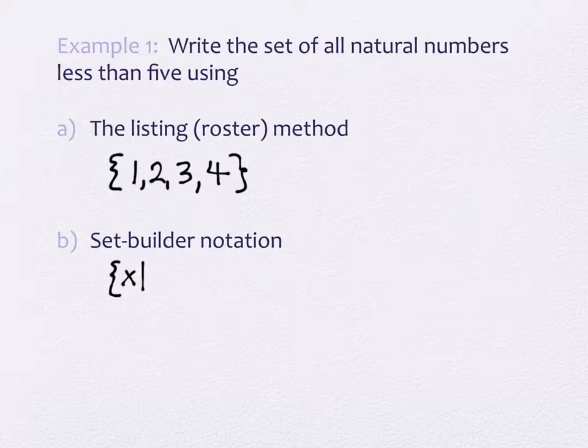So what would the criteria be with this description? x is less than 5, and x is an element of the natural numbers. Those two quantifying statements could be in either order. I could start with x is an element of the natural numbers, and x is less than 5. That would be okay.